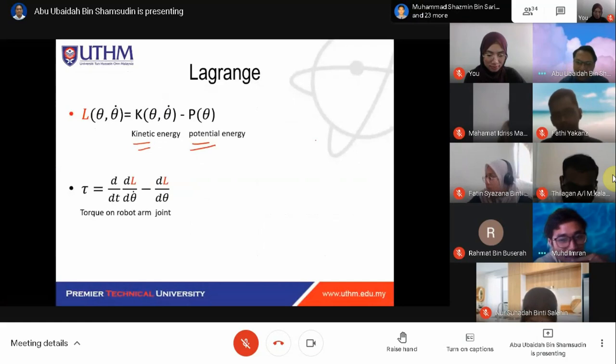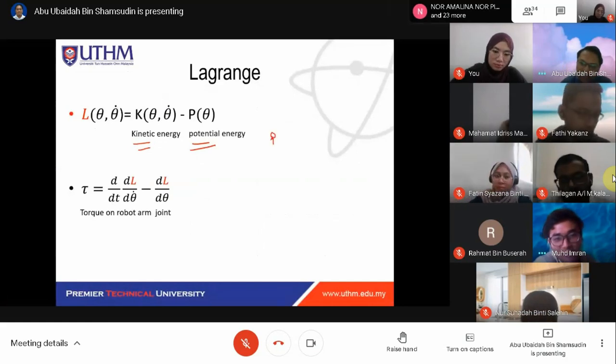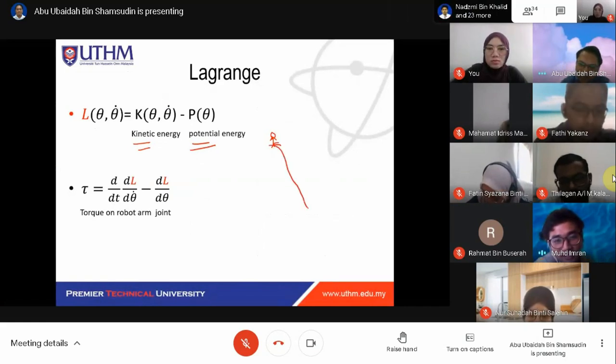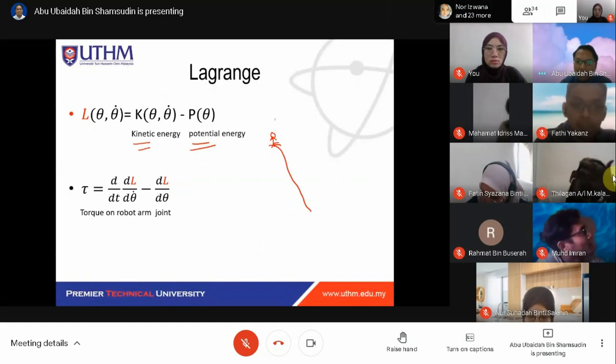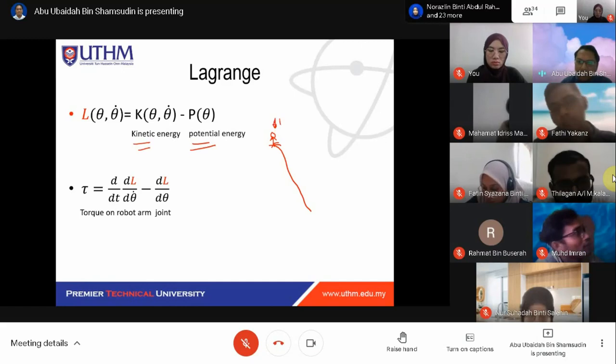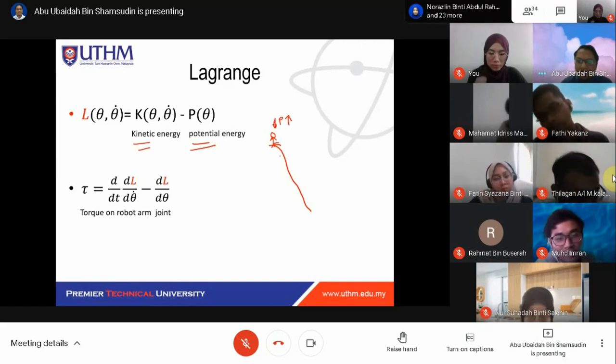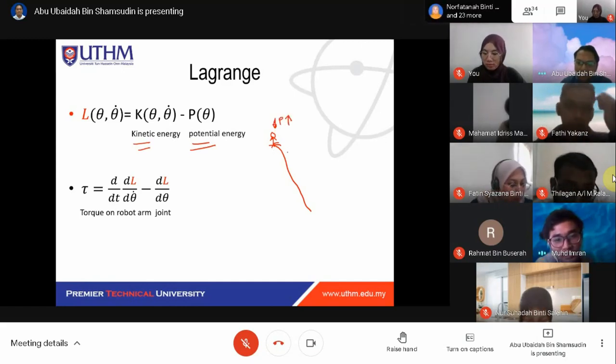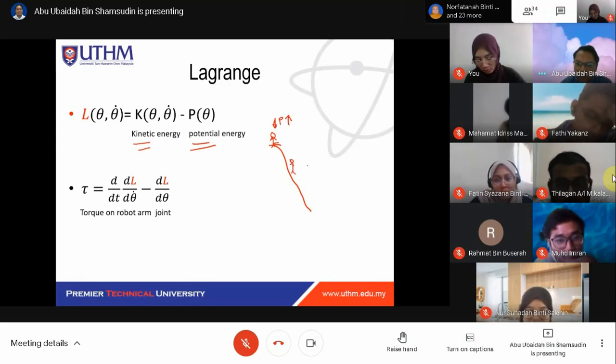Kinetic is correct. Kinetic is like a child on a slide. Okay. When the child is on this part here, the child has the highest potential energy. When the child slides, the kinetic energy will become highest.